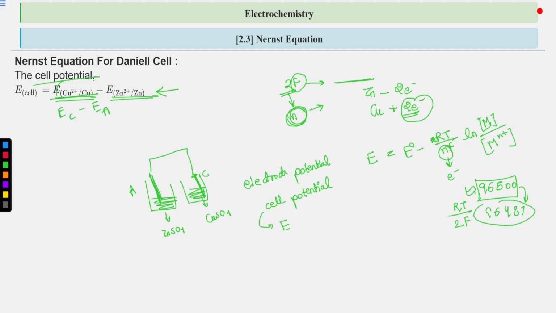So we define it as the electrode potential of the cathode minus the electrode potential of the anode. That is the cell potential. Here it is also written that in the Daniell cell we use copper as our cathode, so this electrode is made up of copper, and the anode is made up of zinc. So the electrode potential of copper, the cathode, minus the electrode potential of the anode, which is made up of zinc.